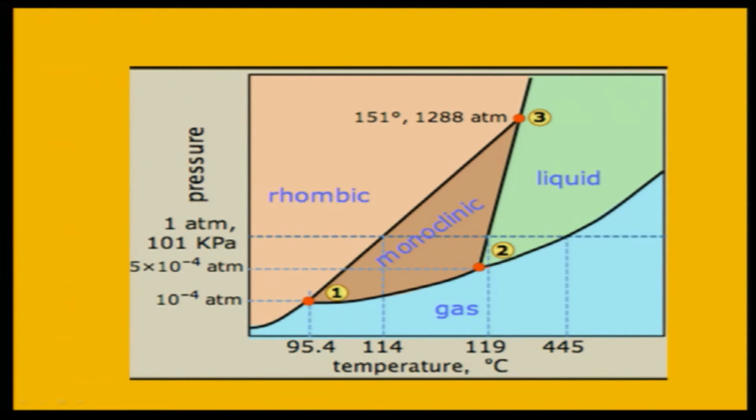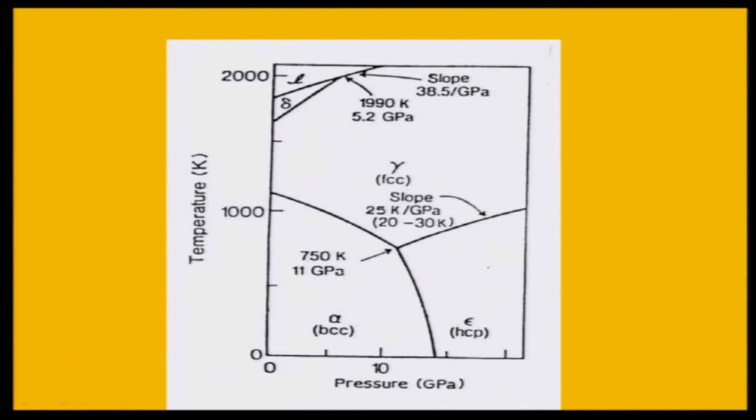At the end I wanted to show you the phase diagram of iron, which I have already shown to you. Iron has alpha phase, gamma phase and delta phase. Alpha and delta are BCC, gamma is FCC. And this is beta, which is known as HCP phase, at a higher pressure, about 18 gigapascal.